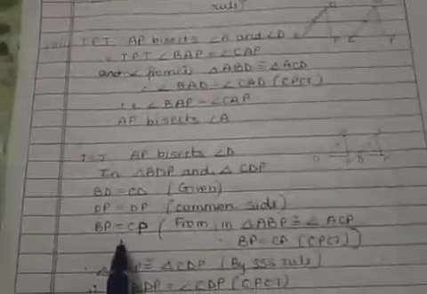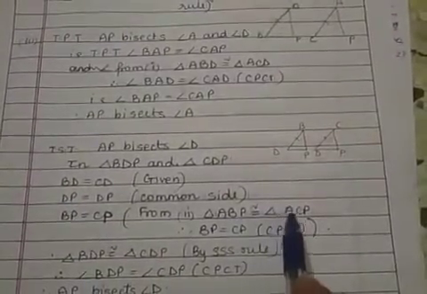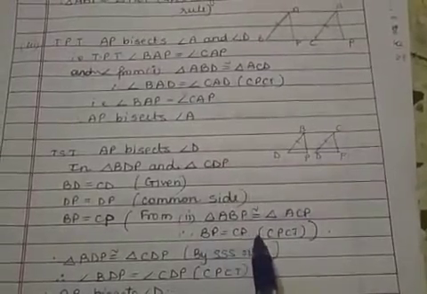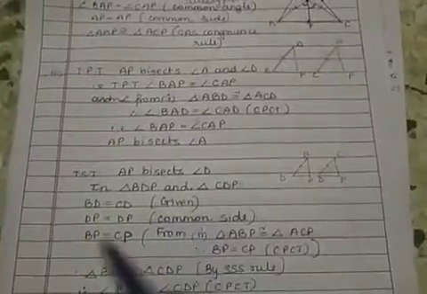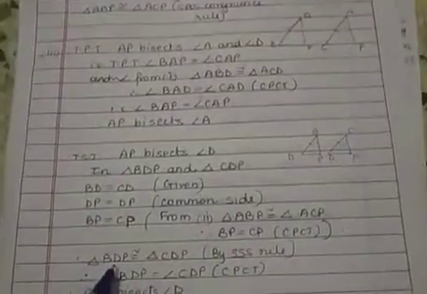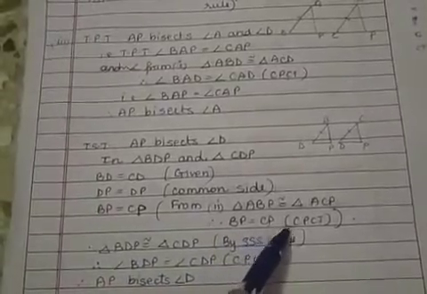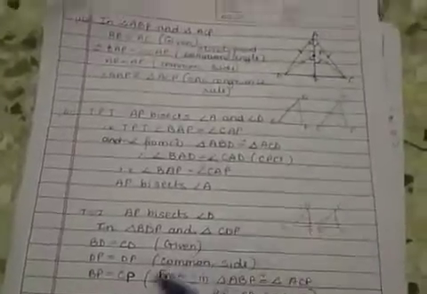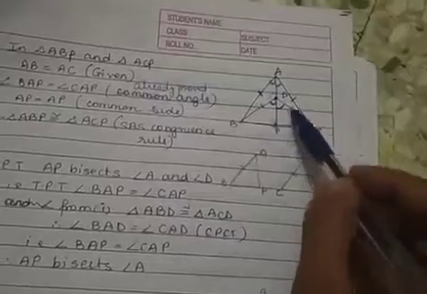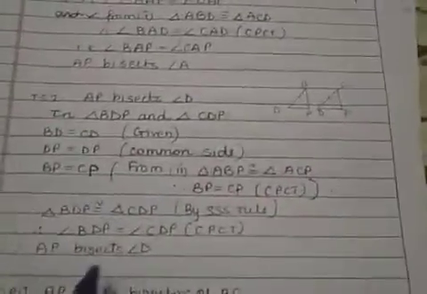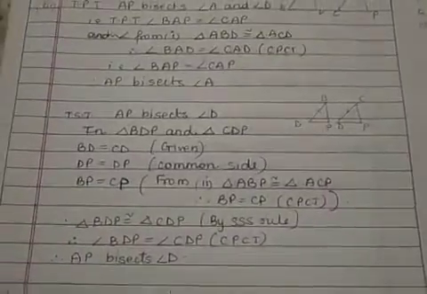So BP is equal to CP from 2, because triangle ABP is congruent to triangle ACP. So BP is equal to CP by CPCT rule. So we have got three conditions. So I can say that triangle BDP is congruent to triangle CDP by SSS rule. So if that is the case, then I can say angle BDP is equal to angle CDP by CPCT. That is, AP bisects angle D.